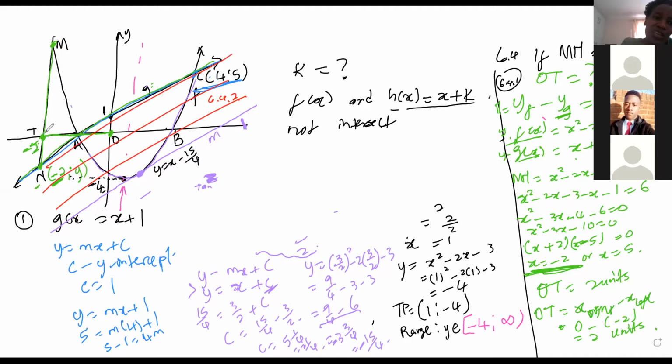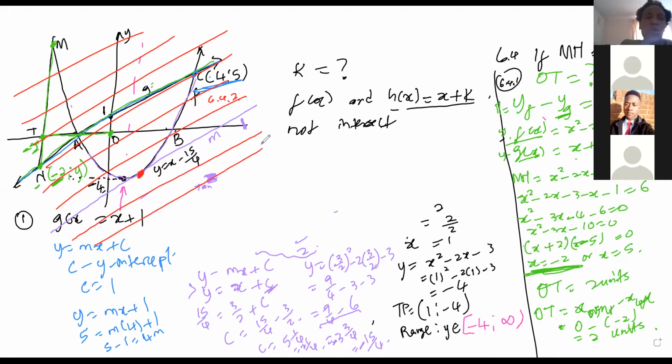There, it's going to intersect with the graph. If I go anywhere above this point, it's going to intersect with the graph. The only place where any line is not going to intersect with the graph is below this point, but parallel, obviously. So it's actually where K is less than this value.